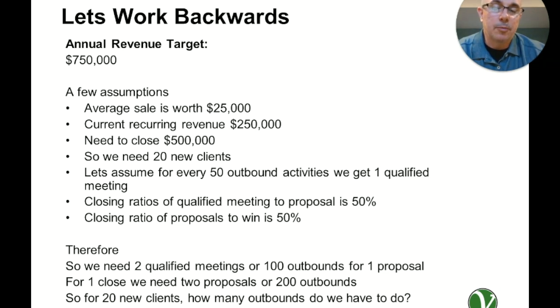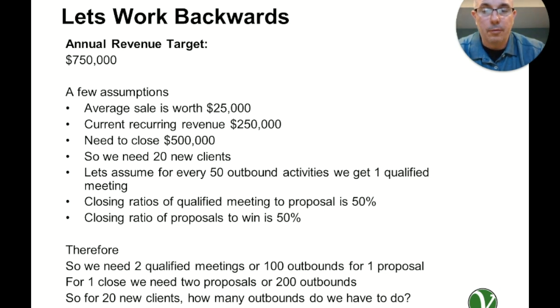And then let's make some assumptions around outbound activities to meetings. For every 50 outbound activities, that'll book you one qualified meeting. Then you have a decent closing ratio from qualified meetings to proposals of 50%. Then you have another decent closing ratio of proposals to wins of 50%.